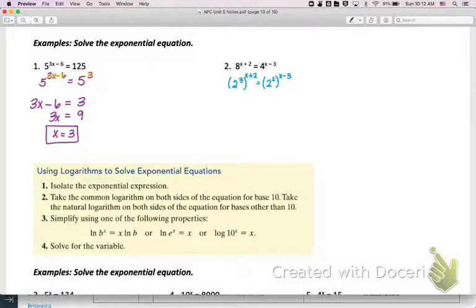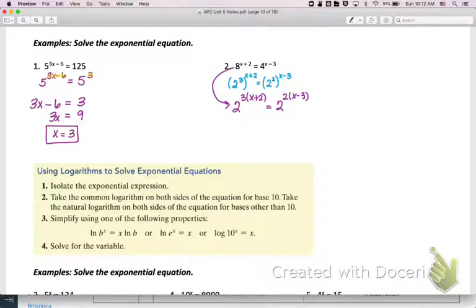Now, properties of exponents: when we do the power of a power, remember we end up multiplying the exponents. So we get 2 to the 3 times x plus 2 power and 2 to the 2 times x minus 3 power. Now, you can skip straight from here to here. You don't need to necessarily write out that blue step, but that's why we end up multiplying the way that we do.